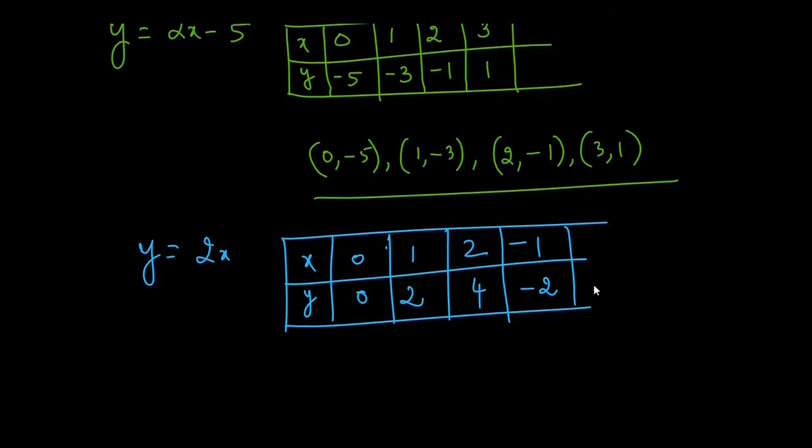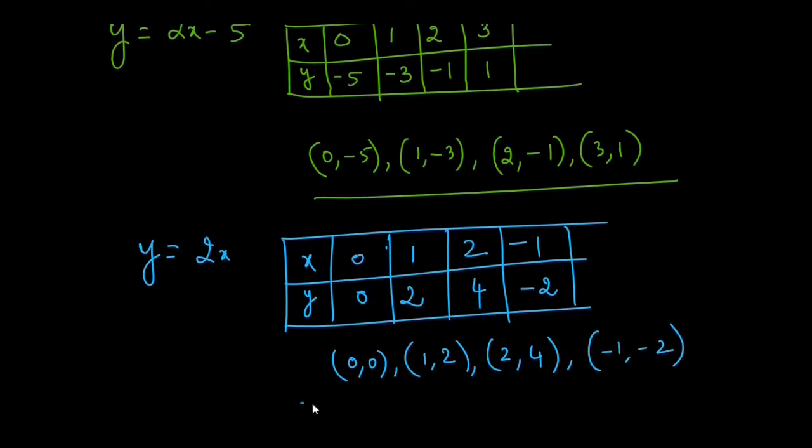So 0, 0; 1, 2; 2, 4; minus 1, minus 2. Let us plot the graph for these points.